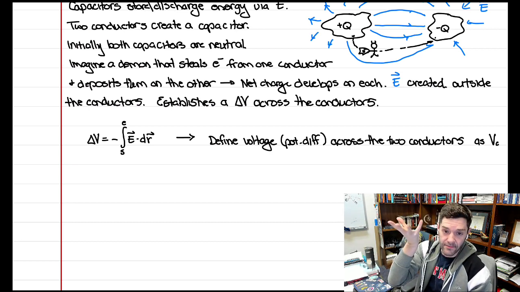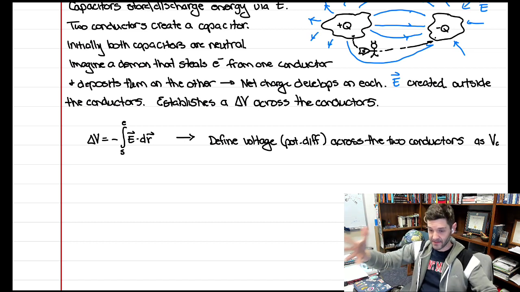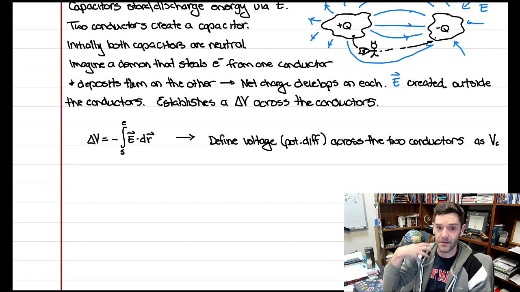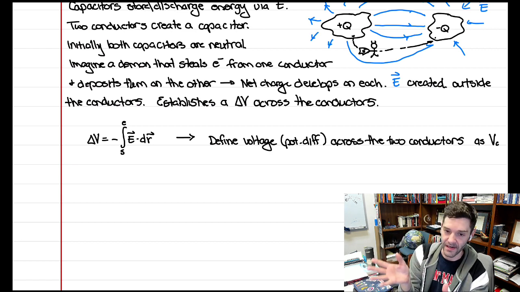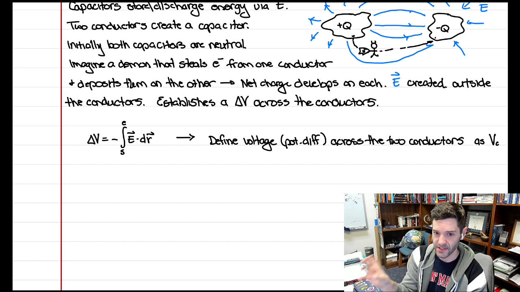And the way you can think of this to reconcile it with the fact that I'm saying only delta V's really matter is, I'm allowed to create a reference point, someplace where I will say V equals 0. So let me say that the negative charge conductor has a voltage value of 0, or potential value of 0.